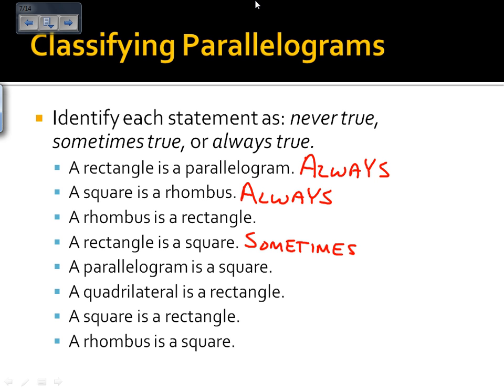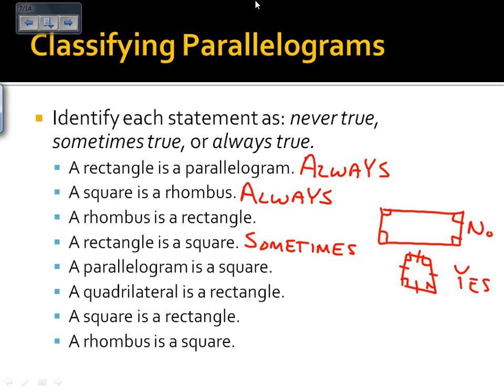So a rectangle is a square. Sometimes it can be. Okay? So for example, that is a rectangle. That's not a square, right? However, that's really bad, but that is still a rectangle, because for a rectangle it only needs 4 right angles, right? But that's a rectangle. Is it also a square? Yes. And if you notice on your Venn diagram, the rectangle circle, you see the rectangles?